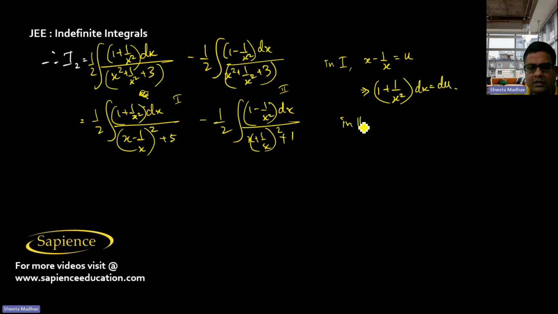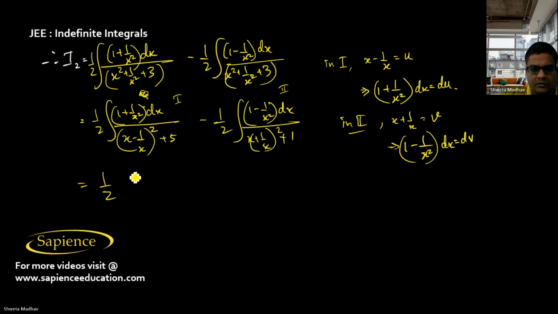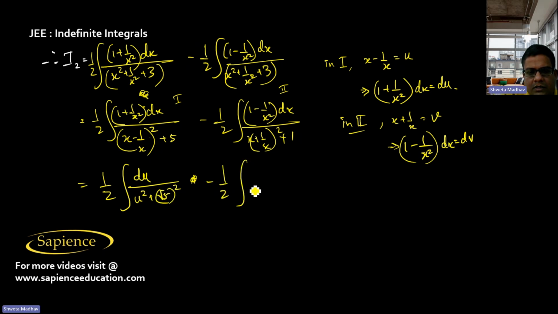And in the second integral, if we take x plus 1 by x as v, then 1 minus 1 by x square into dx is equal to dv. So this is half of du by u square plus root 5 whole square, then minus half of integral dv by v square plus 1.